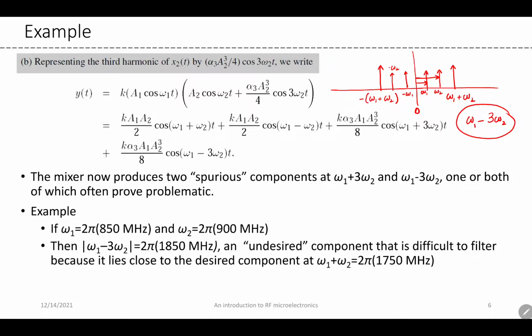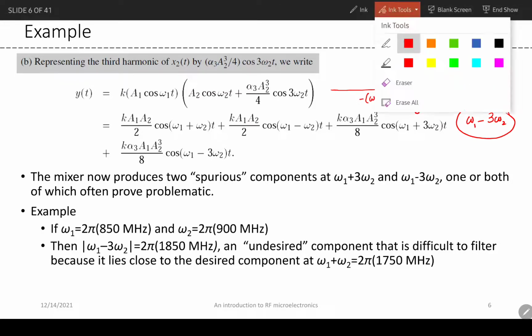It won't lie exactly at omega 1, but okay, how do we do this? A bit difficult to explain like this. Okay, let me clear the screen and work with numbers.